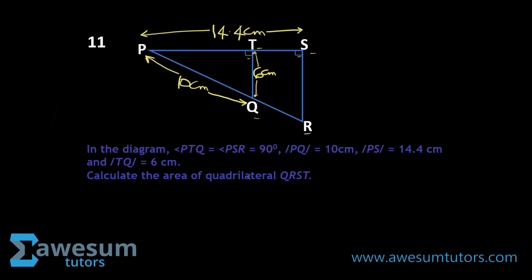We want to calculate the area of quadrilateral QRST. The first thing you need to know right here is what shape this quadrilateral QRST is. You first of all need to know that the shape is a trapezium. So the area of quadrilateral QRST would be equal to the area of a trapezium.